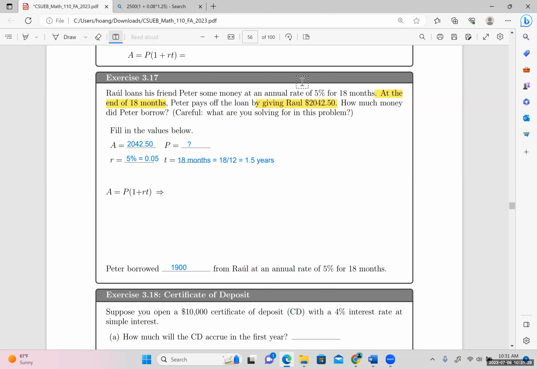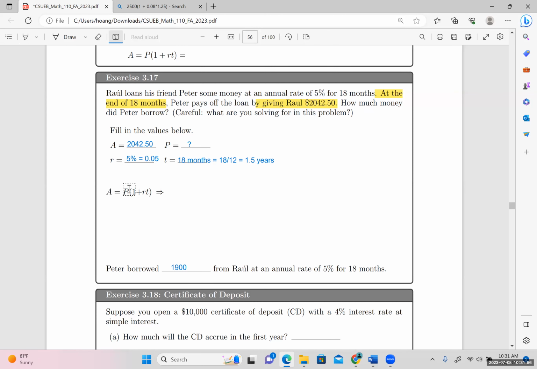Keep in mind that even though in here I don't say the word simple interest, I just say annual rate, you still have to use the formula of simple interest. If I don't say anything like compound interest or some word with compound, then you must use simple interest.